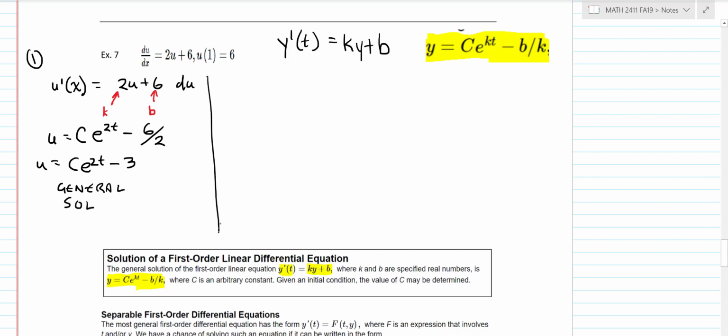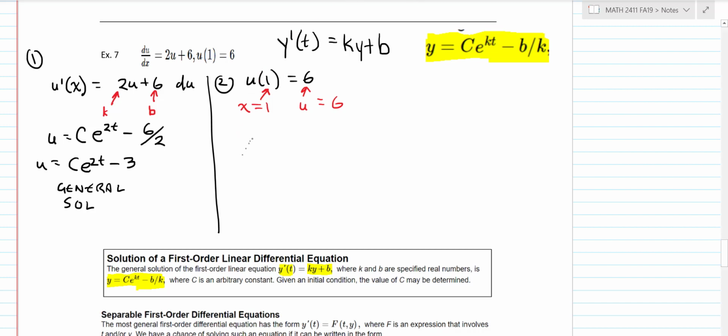Then you use the initial condition to find what c is. Your variable is x here, so this means x is equal to 1, and when x is equal to 1, then u is equal to 6. That's a specific point.